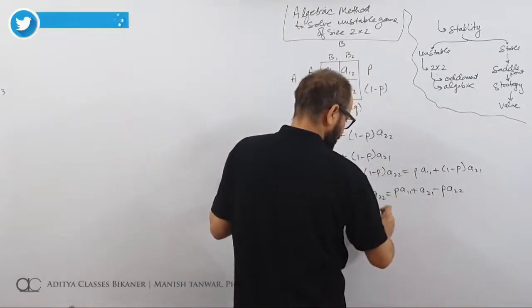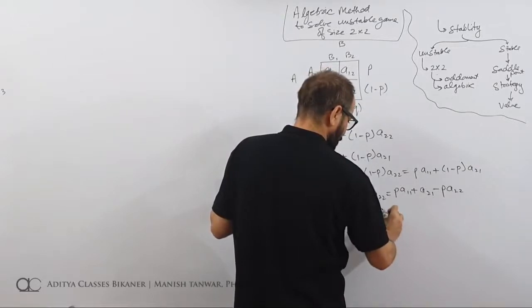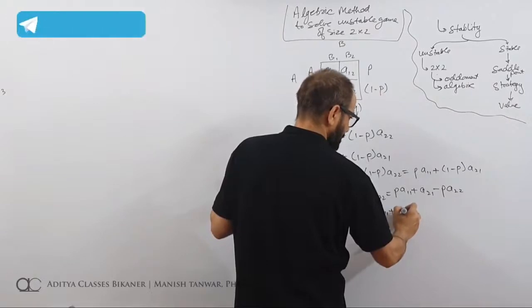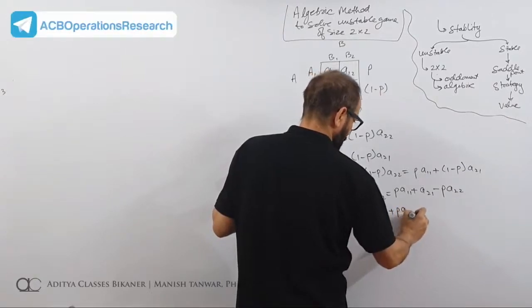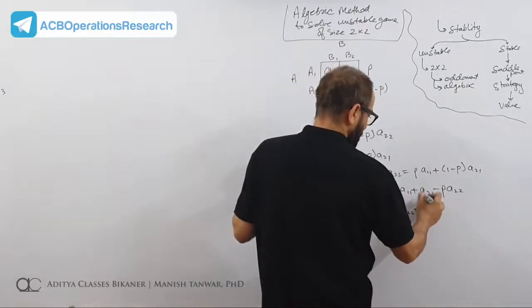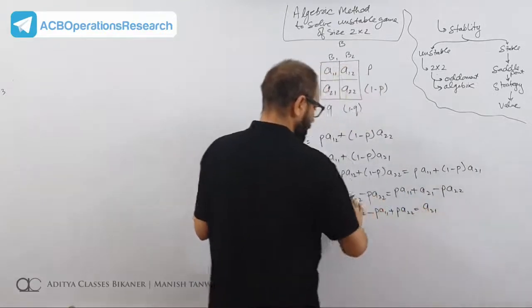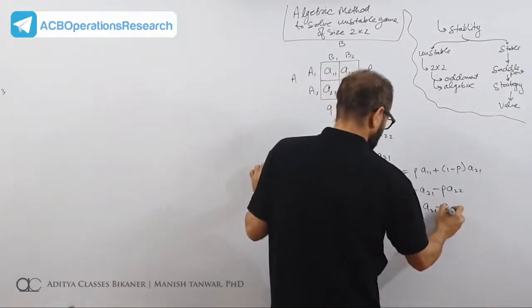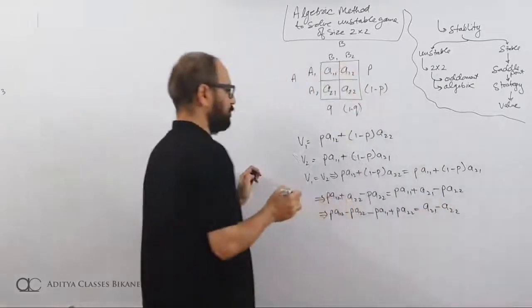If this is positive, it will become negative, minus P A11. This coming here would make it a plus P A22, and then the remaining non-P terms are A21, and this also goes over there, making it minus A22.